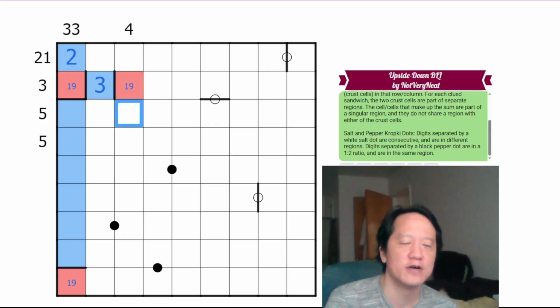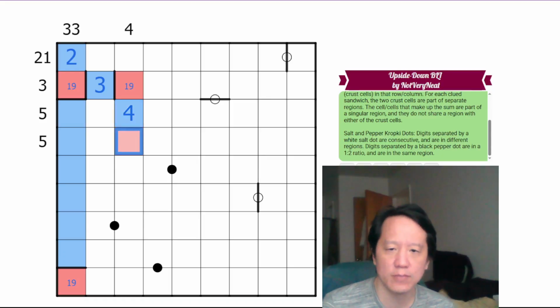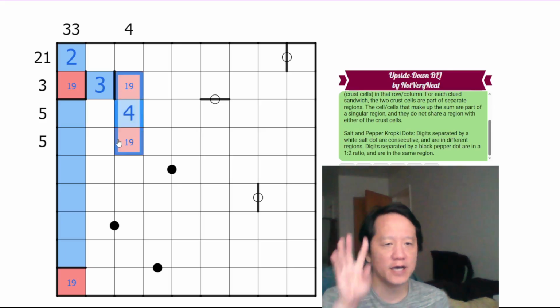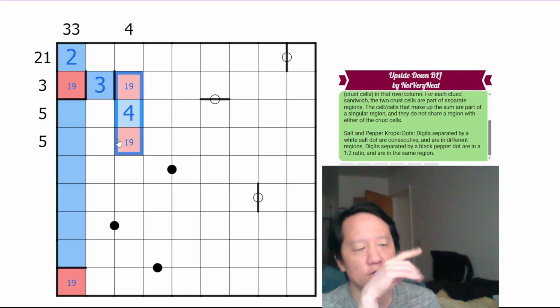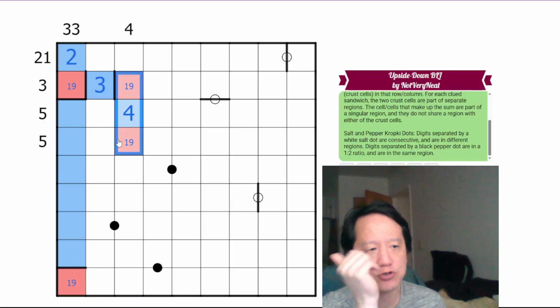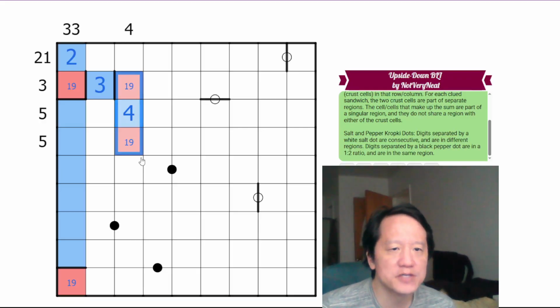This must have, again, 4 in between that digit and the two crusts, right? Because to add up to 2, 3 and 4, you only have one unique digit, because you don't have access to a 1. So that's what these all are. These are all separate regions.